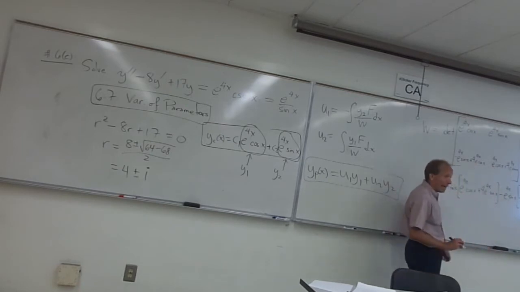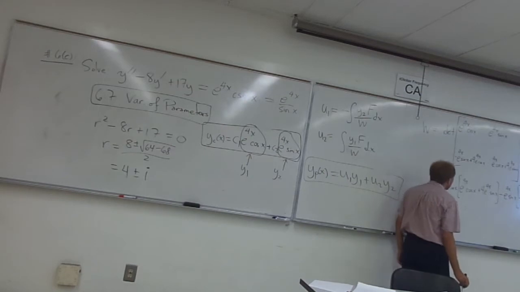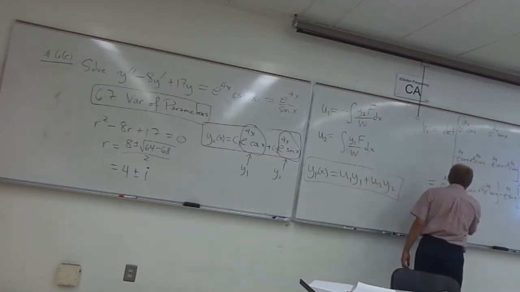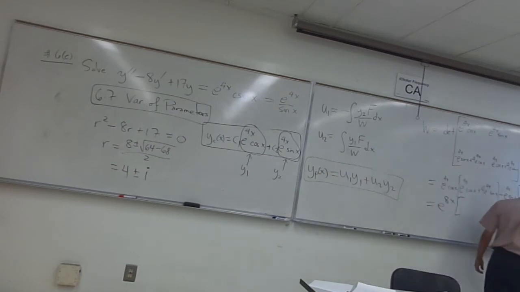Now I'll just multiply it out. E to the 4x twice gives me e to the 8x. Actually, every single term will have e to the 8x in it, so I'm just going to pull that out, leaving me with cosine squared plus 4 cosine x sine x.